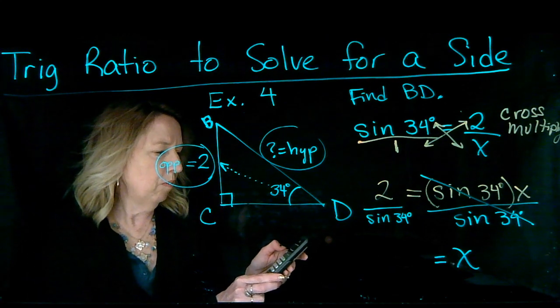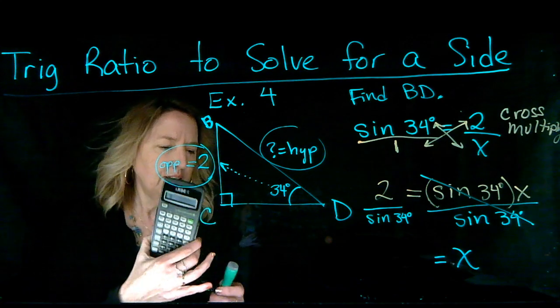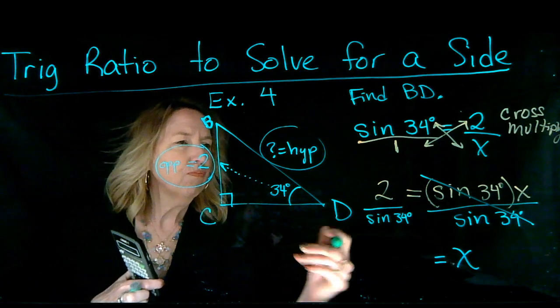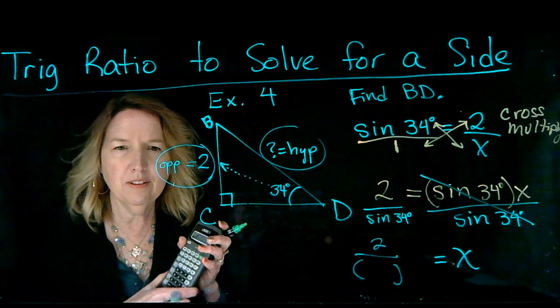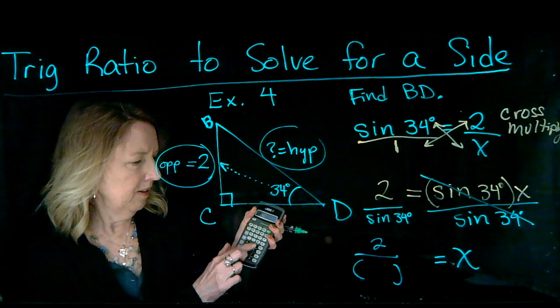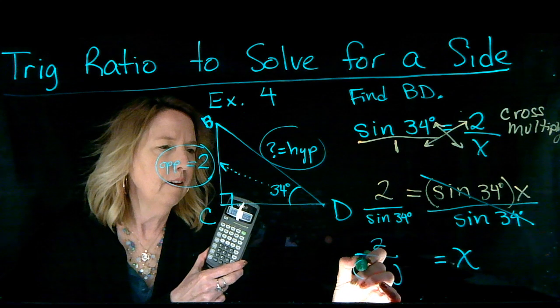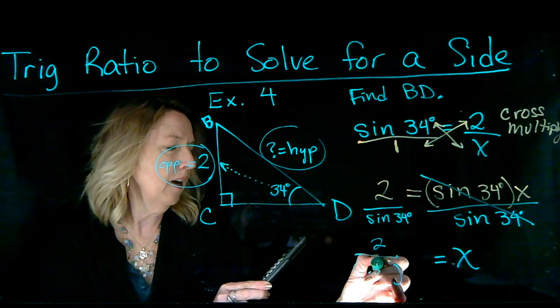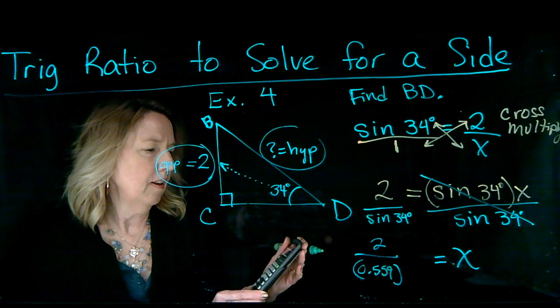2 divided by parentheses. See, it's not working. So what I'm going to do is ask the calculator, what is the sine of 34 degrees? That I can do. So I say 34 degrees, and then I hit the sine button, and I get 0.34559. And it goes on.